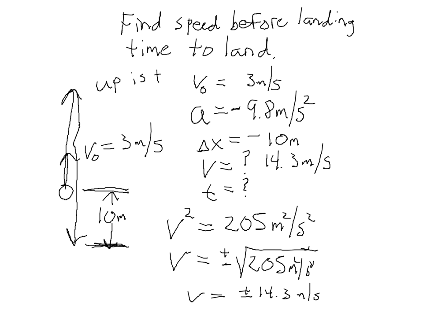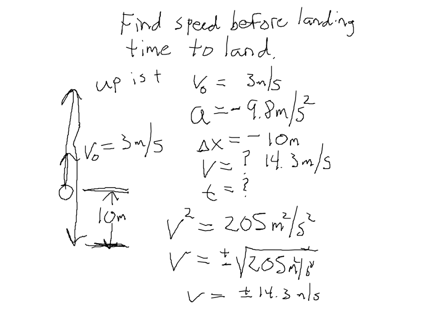So we need to decide which one of these we should use. In math class, both of those solutions are fine. In physics, though, we demand not only that the number make mathematical sense, but that it make physical sense. If I throw a rock up into the air, and then it goes down and lands 10 meters lower than where it was when I started, when it lands, should it be going up or down?